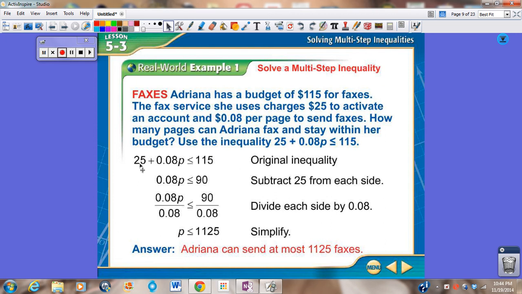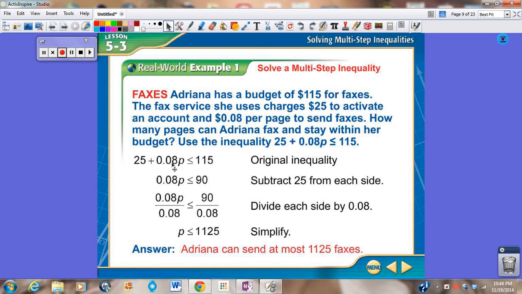Okay? So you have to take the $25 she has to pay for the account and then the 8 cents per page that they charge her. And that needs to be less than or equal to $115. That's where that inequality came from. So now what we're going to do first is subtract 25 from both sides because you want to get p by itself. When you subtract 25 over here, you get 0.